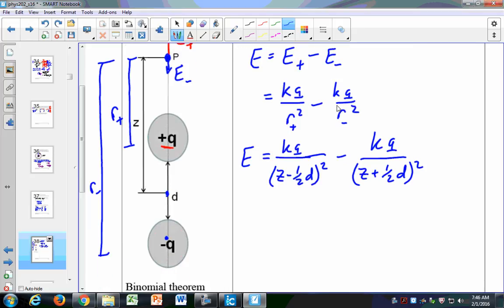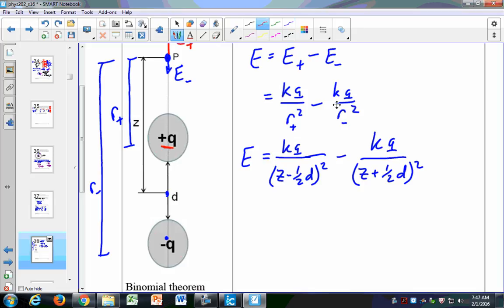But we can simplify it a bit, and this comes up a lot. You'll probably see the binomial theorem in PChem, I suspect. Have you ever used the binomial theorem? No? Okay, well, it can help us simplify the expression quite a bit. I'm going to factor out a 1 over z squared from the denominator.